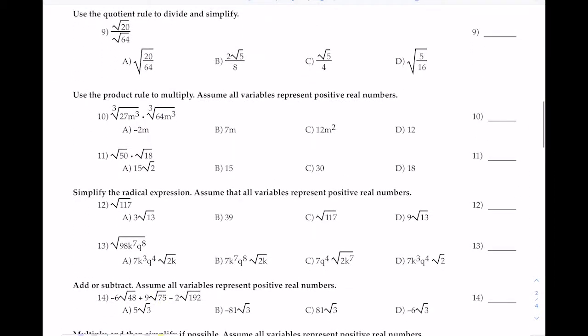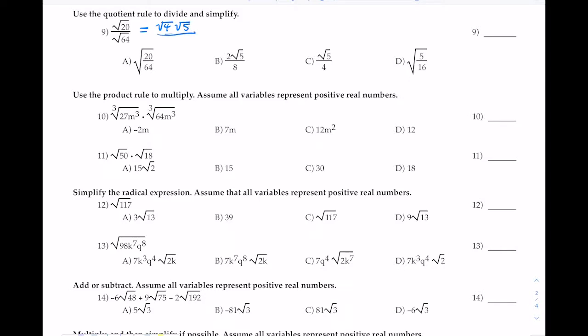Okay, here we have the quotient rule, and we're using this to divide and to simplify. One thing you can do is you can try reducing. So I have the square root of 20. I can simplify that. The square root of 4 times the square root of 5 equals the square root of 20.